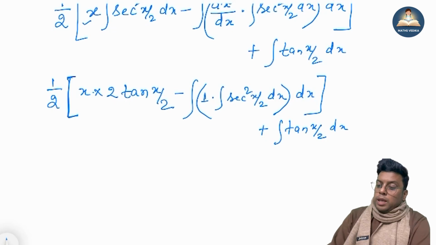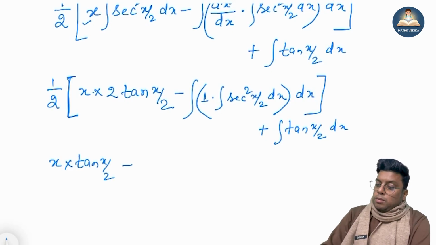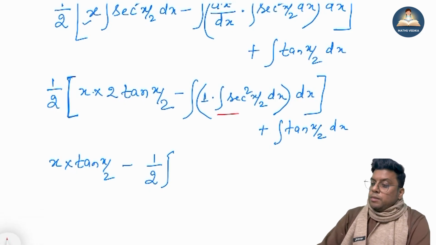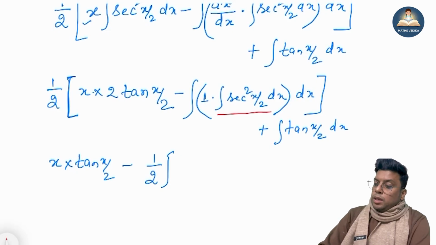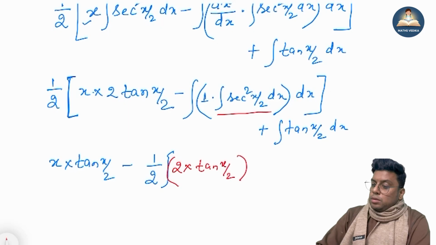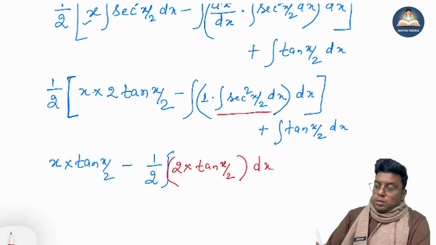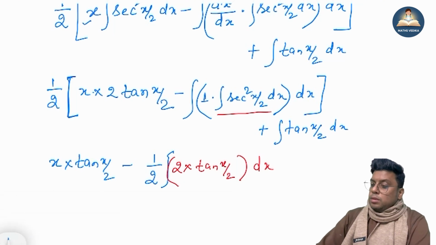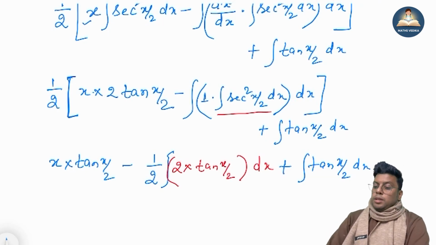So 1 by 2 will be multiplied by 2, and we'll have x into tan (x/2), minus half the integration of, now the integration of sec² (x/2) will also be equal to 2 tan (x/2), whole dx, plus the integration of tan (x/2) dx.